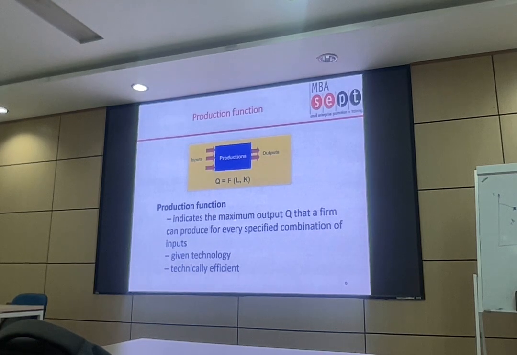So the production function indicates the maximum output a firm can produce for every specified combination of inputs, with a given technology and technologically efficient. It means technical efficiency.